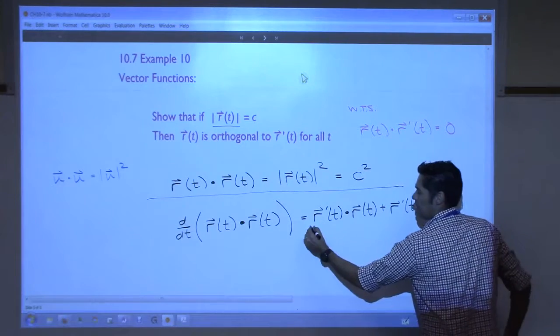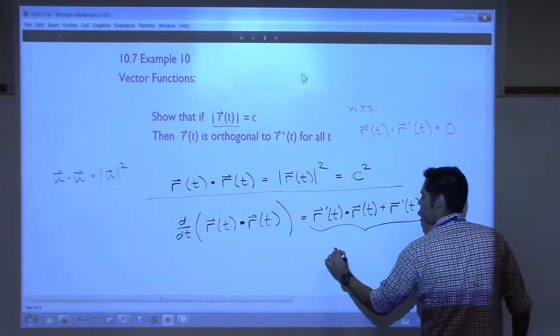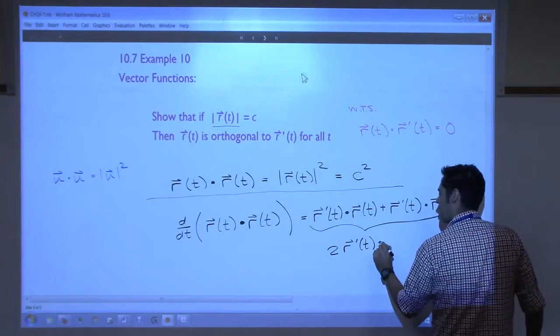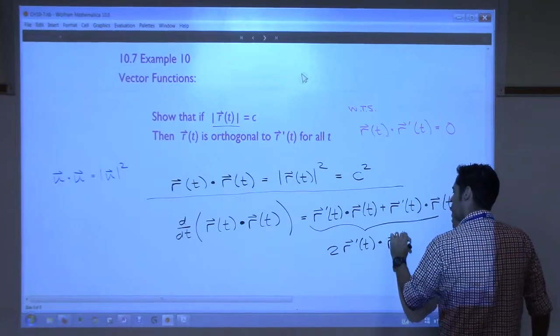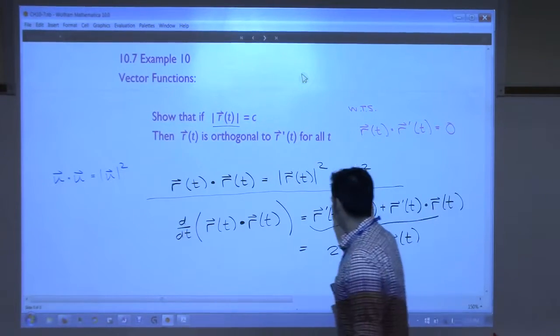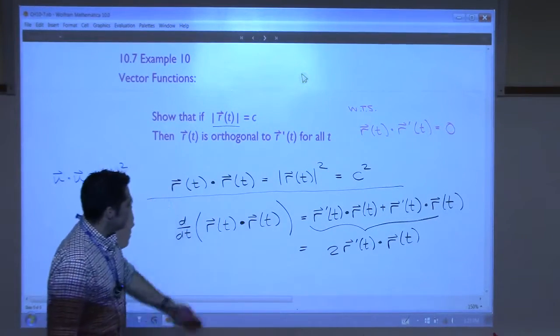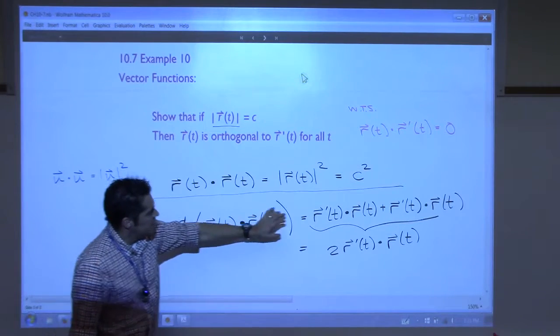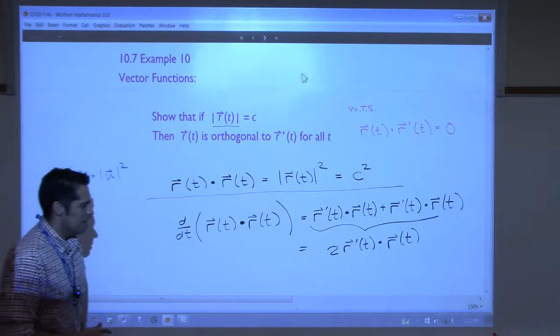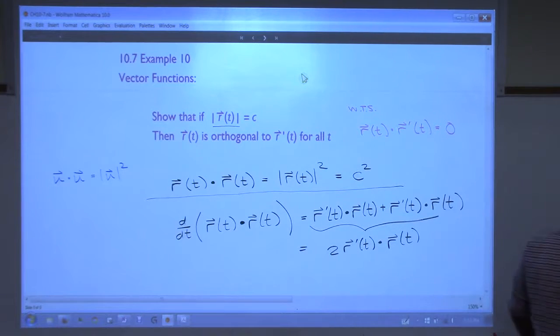Now, put this side together. That's two of them, right, since they're the same thing? Who's going to tell me what the left side of this equation is? If I'm looking at this as an equation, this derivative is this. Maybe I shouldn't look at it like an equation. I think that would be too confusing. We agree with this.